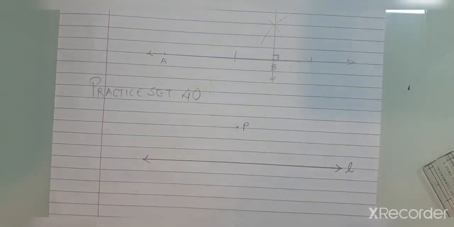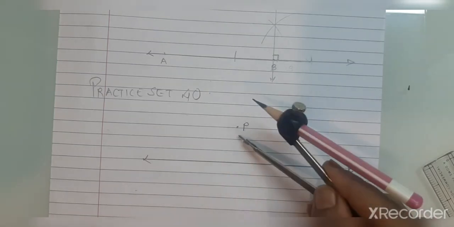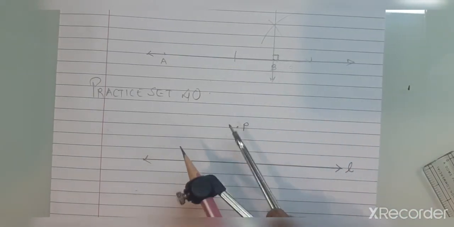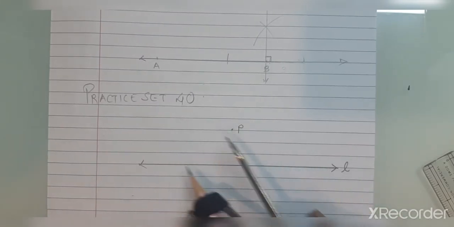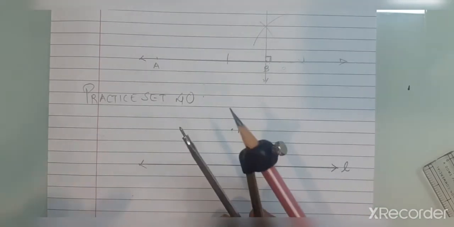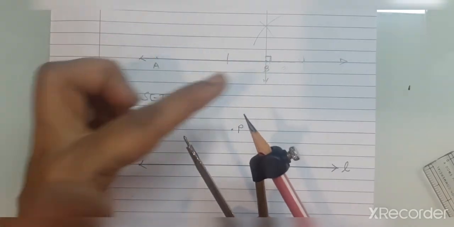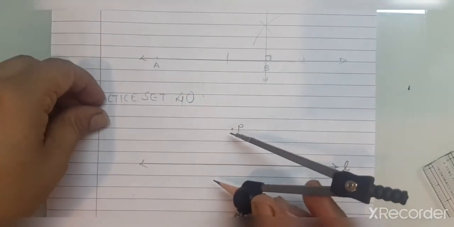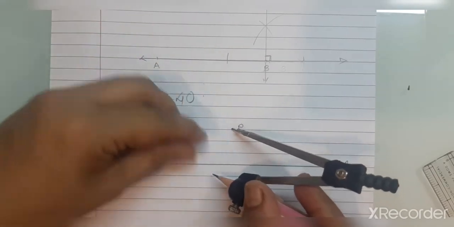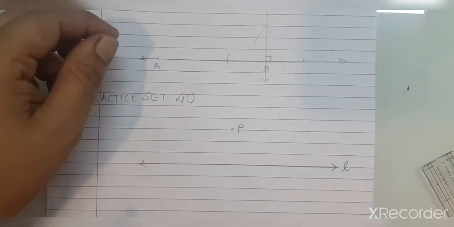Okay, keep in mind. Since the perpendicular has to pass from this point P, we will keep the pointer on this point P. And we have to make the arcs on the line. So we have to adjust our compass and pencil in such a way that if we keep the pointer on this point P, we are able to make arcs on the line.